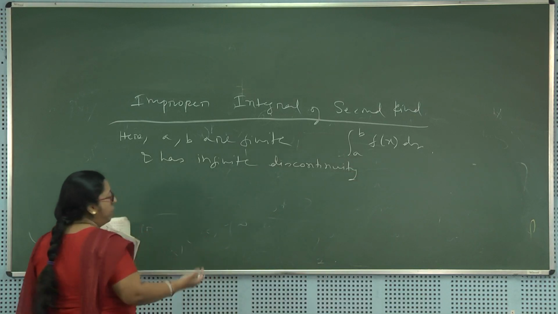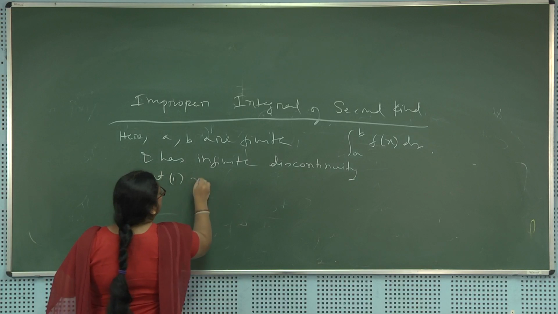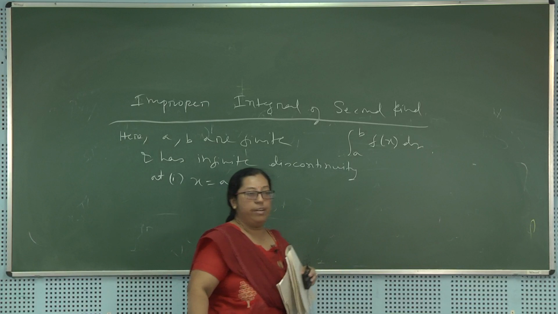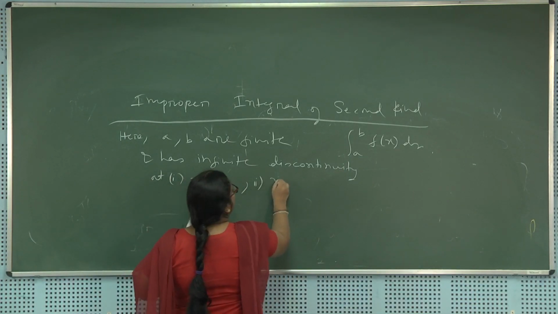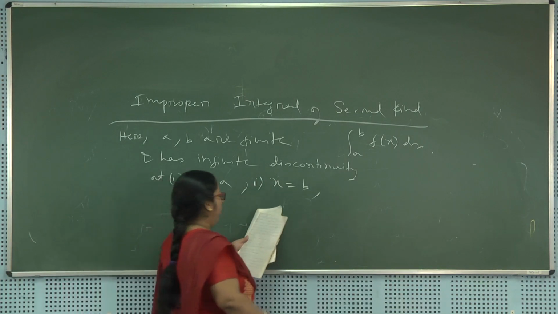The function has infinite discontinuity or becomes infinite at number 1, lower limit x equal to a. Suppose you substitute x equal to a in the integral, function becomes infinite. Number 2, x equal to b, if you put it in the upper limit, function becomes unbounded.